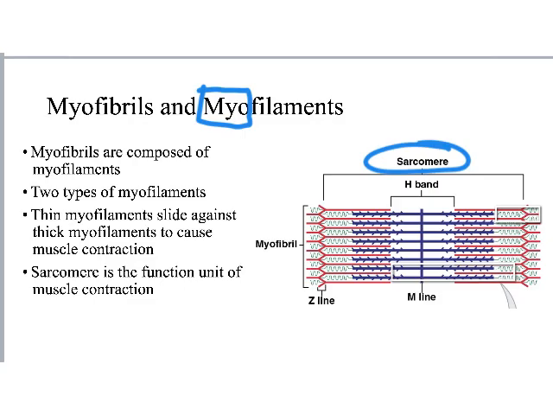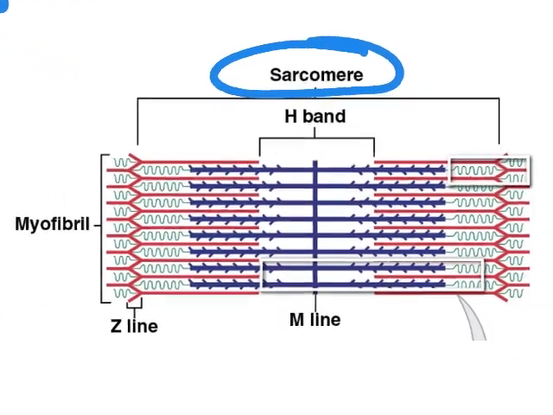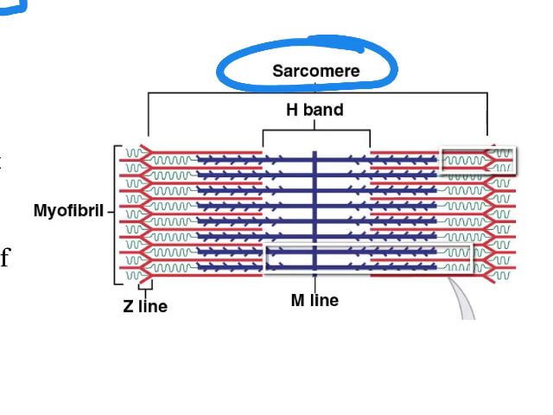Now you can see in this picture that the sarcomere is composed of several distinct areas, and some of them are very easy to see, and some of them take a little bit more imagination. So if we look here at the M line right in the middle of a sarcomere, that's this purple line here. What that is, is an area of the sarcomere that holds adjacent thick filaments together.